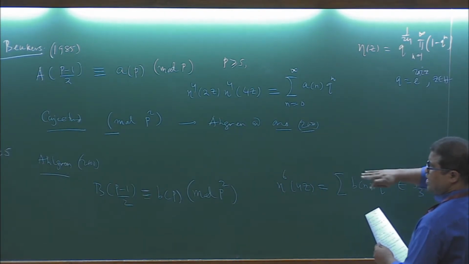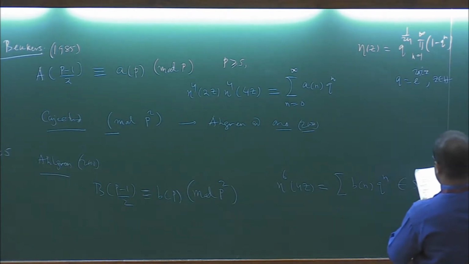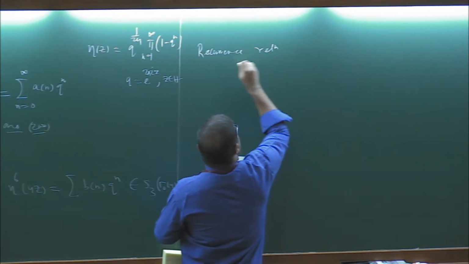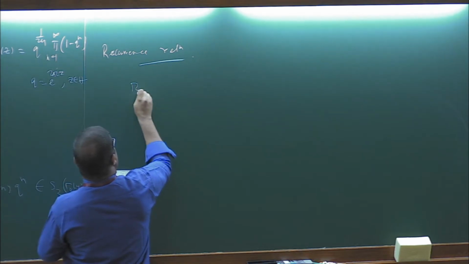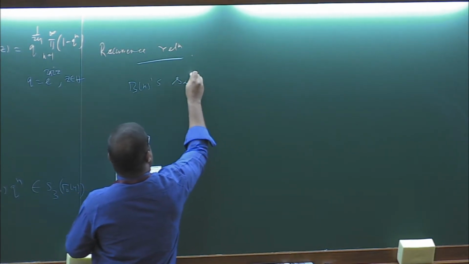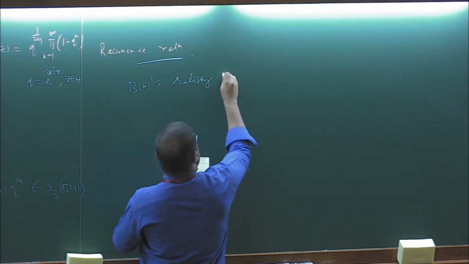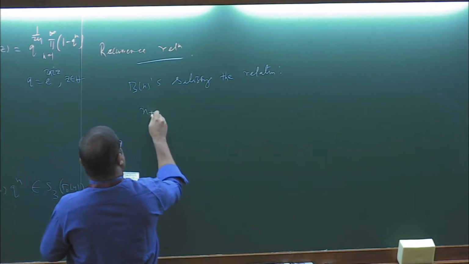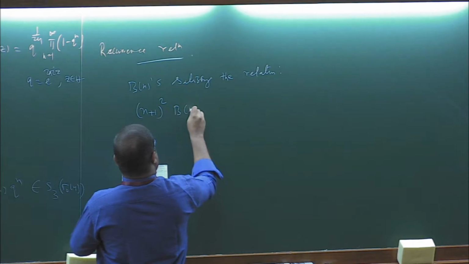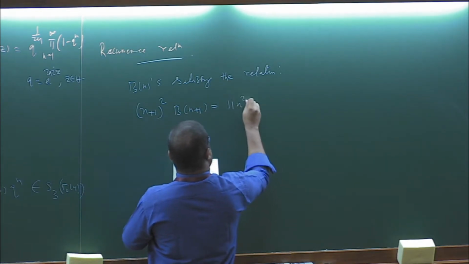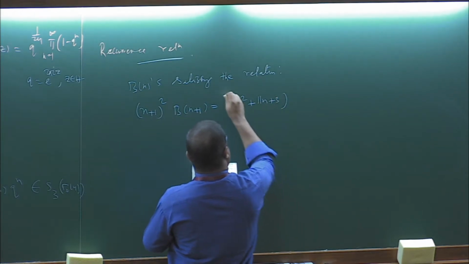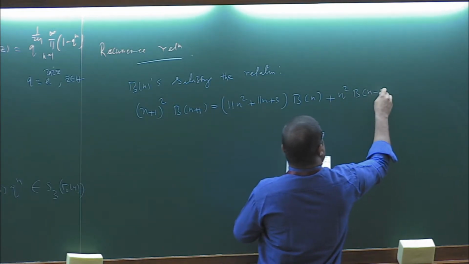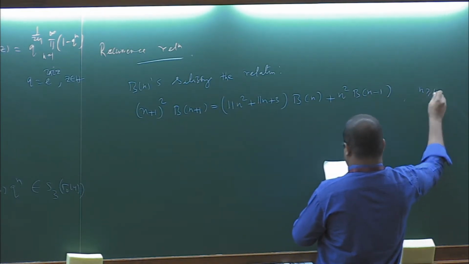Let me come to B_n first, then I'll go to A_n. B_n satisfies a recurrence relation, namely (n+1)^2 B_{n+1} equals (11n^2 + 11n + 3) B_n plus n^2 B_{n-1}, for n bigger than 1.